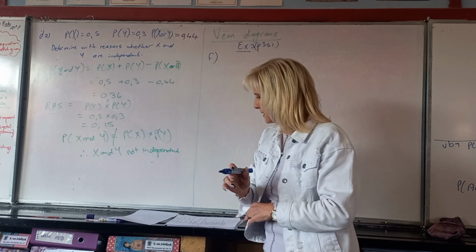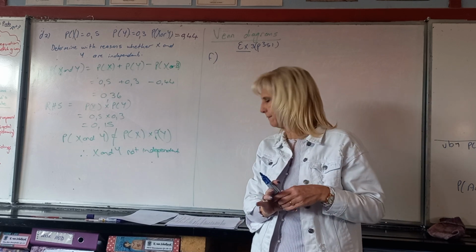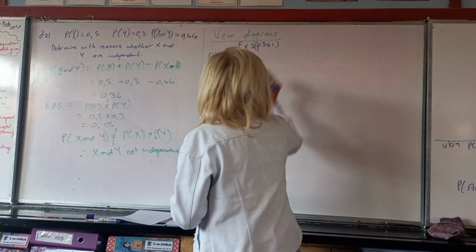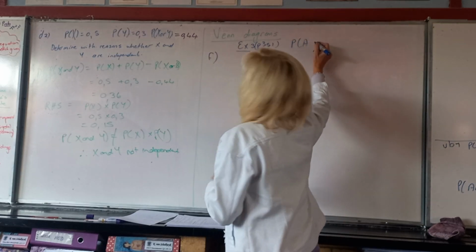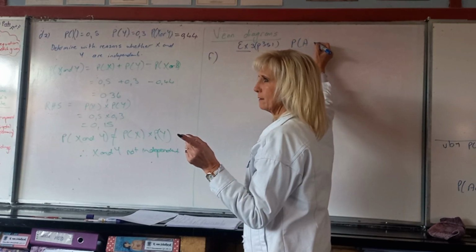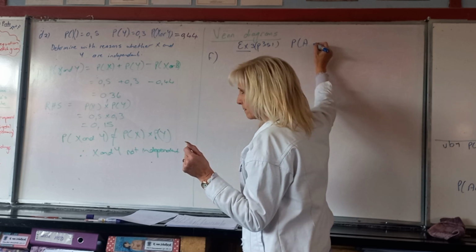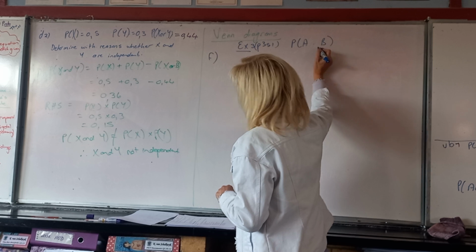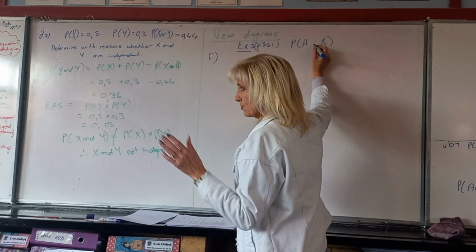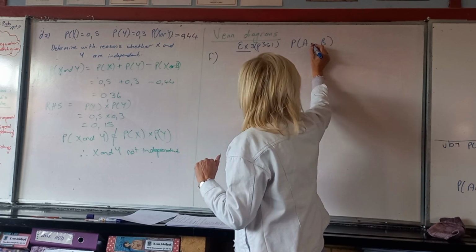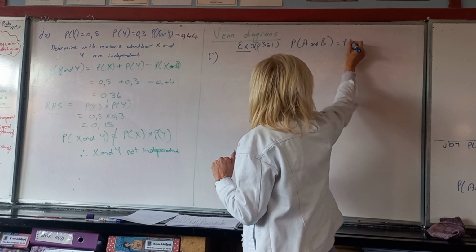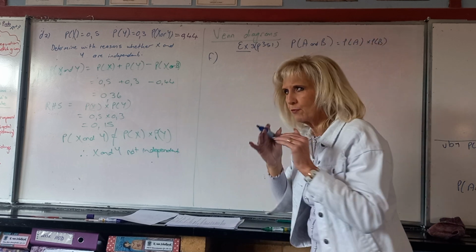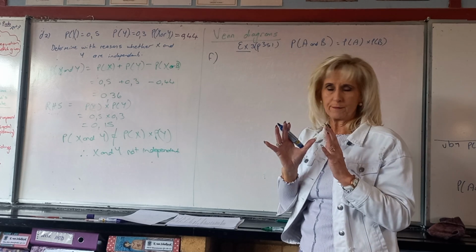Number F says, A and B are two independent events. Immediately what do you know? When you times them together, what was our times together? P of the two events, if they are independent events, what should this be? And. Right? Independent events is P(A) times P(B). So I'm just reading the first sentence and that's what I know.